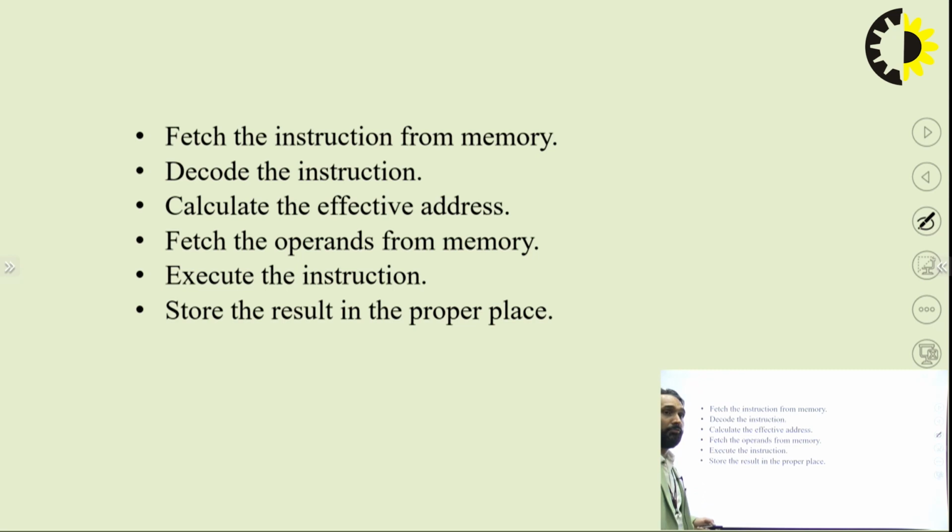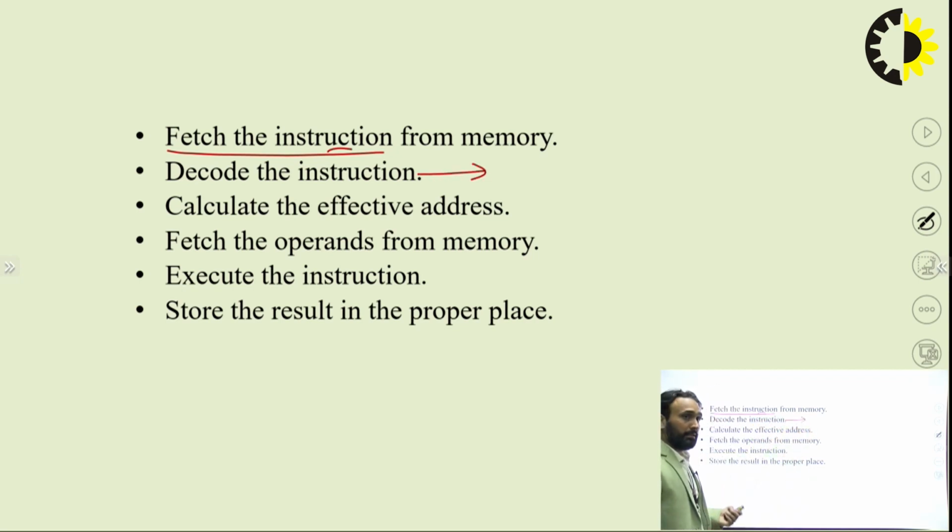Here are the steps of instruction pipelining. First, we fetch the instruction from memory, as I said earlier, because for execution we know the address of the memory and fetch it from there. Second, we decode its type.